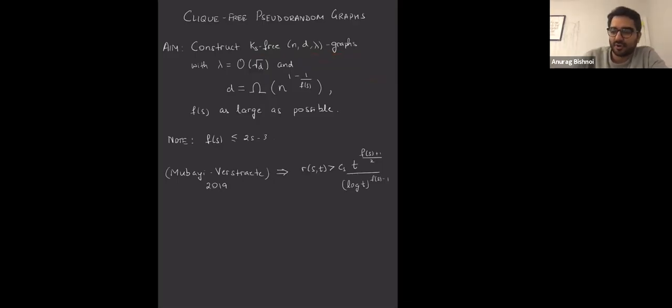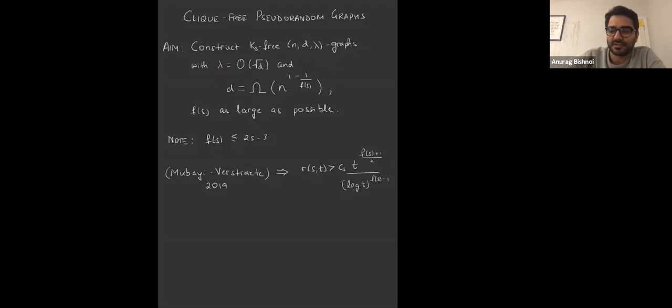We want optimally pseudorandom graphs, which is captured by the condition that lambda is as small as possible. We know it has to be at least the square root of d, so we ensure that it's at most some constant times the square root of d.